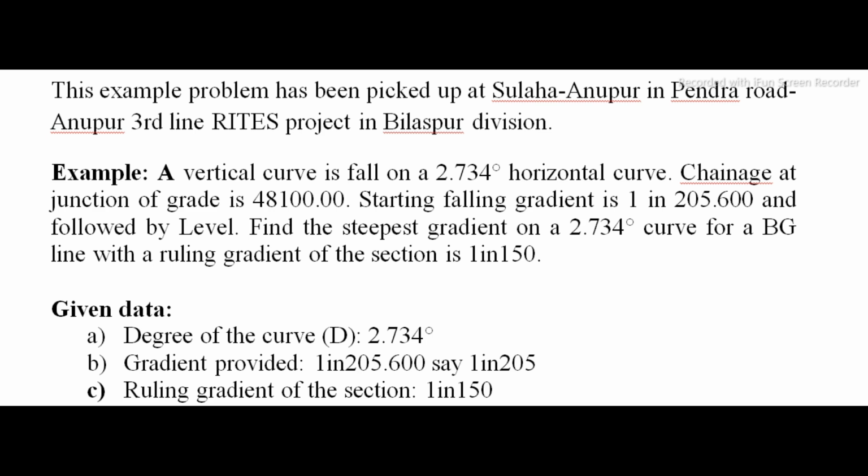Starting falling gradient is 1 in 205.600 followed by level. Find the steepest gradient on a 2.734 degree curve for a busy line where the ruling gradient of the section is 1 in 150. Given data: degree of the curve 2.734, gradient provided 1 in 205.600, ruling gradient of the section 1 in 150.